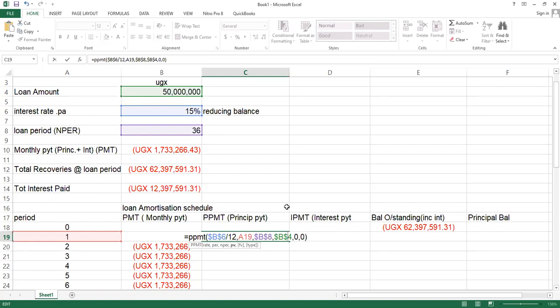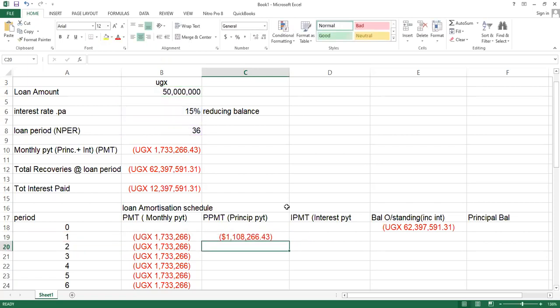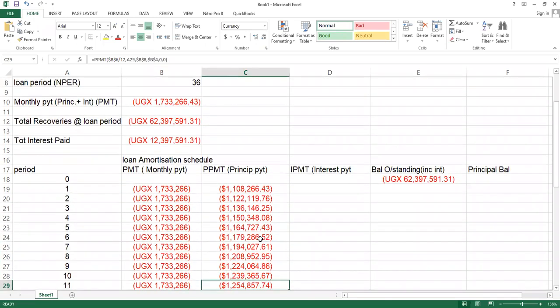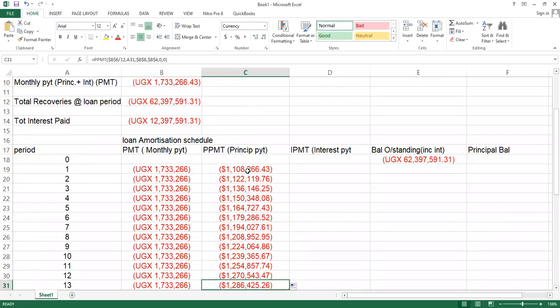Thank you. Because if you don't lock, then you will not be able to get the same result. So if I press enter and I scroll down or double click, it is going to give me the principal for each month. I think you can see the principal. It begins low and goes on increasing.